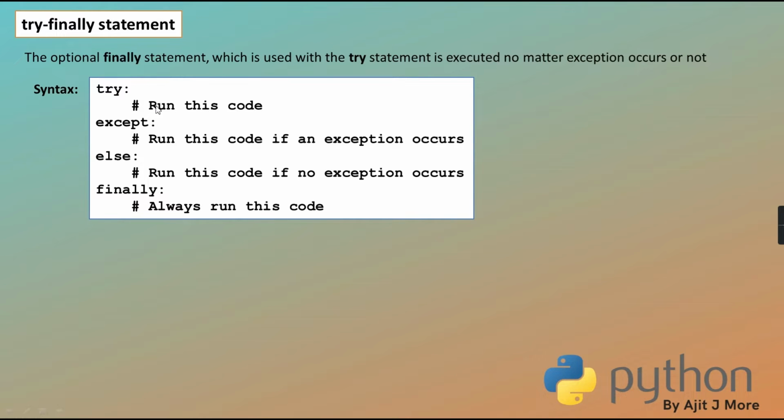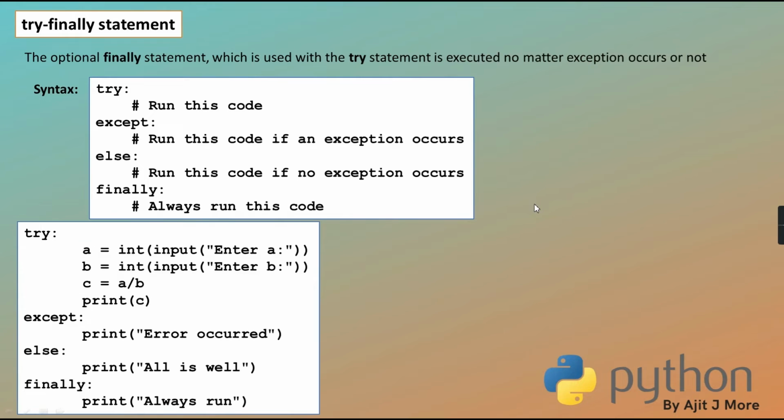Now, in your try block, if no problem occurs, then else runs. So run this code if no exception occurs. And this is finally: exception occurs or doesn't occur, it is going to run finally. So always run this code. Getting it? So the finally block runs irrespective of whether the exception occurs or not.